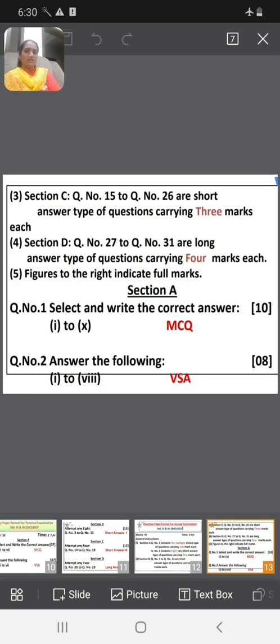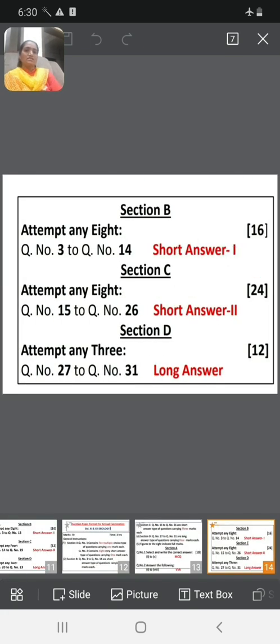Section A shows question 1 with 10 multiple choice questions, and question 2 shows 8 very short answer type questions. Section B has question number 3 to question number 40 with short answer questions, each carrying 2 marks.